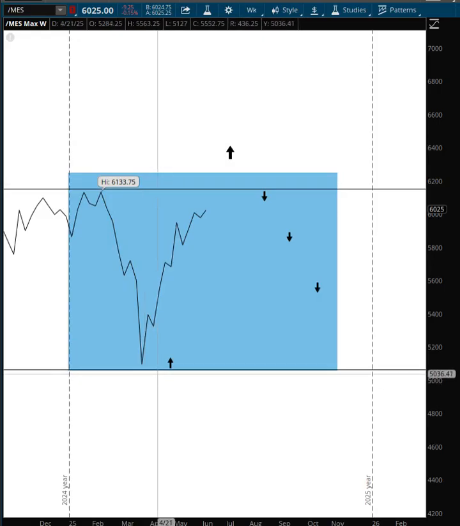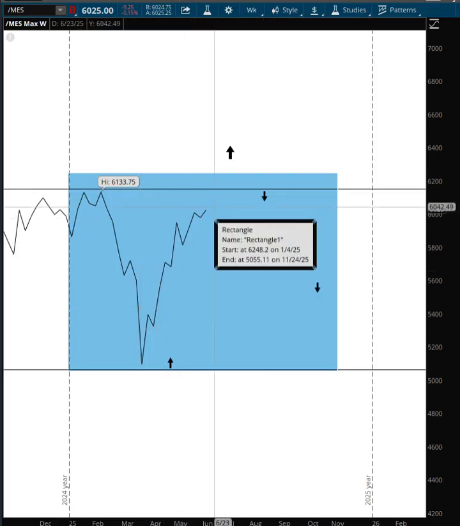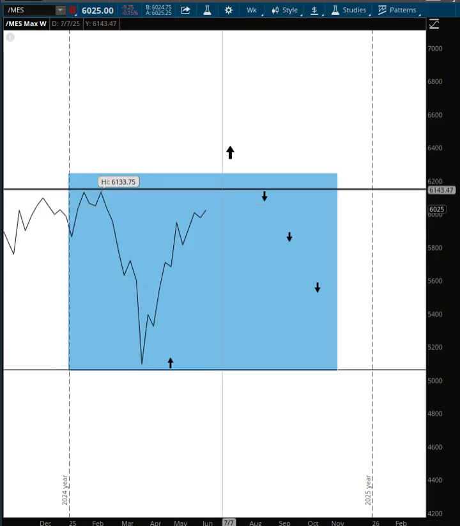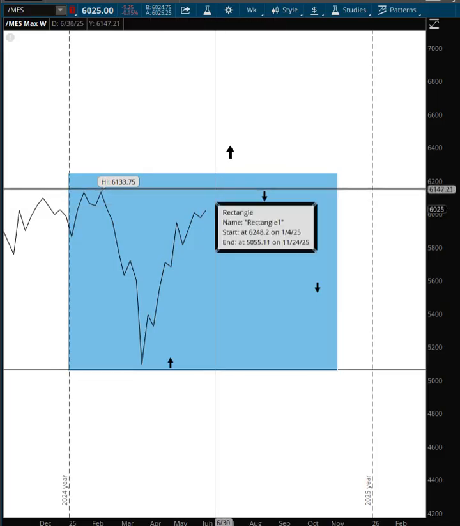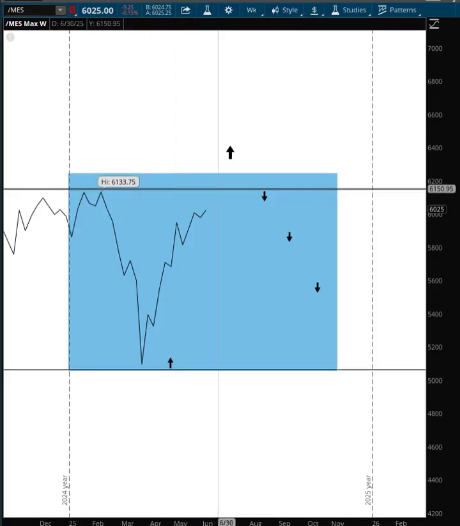We did catch the turn here going straight up, although it went up higher than I thought. That's okay. Currently, we have 1, 2, 3, 4, 5, 6, 7, 8, 9. 9 is generally a maximum, so I'm thinking on a macro, longer term basis, we're going to have a roadblock here.